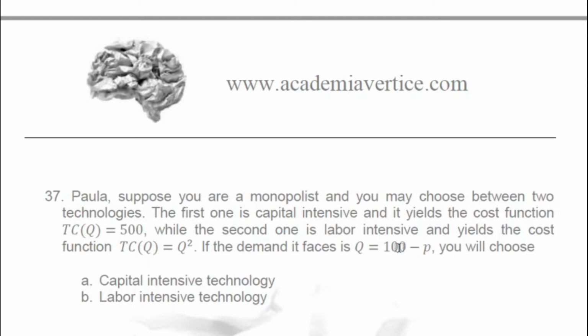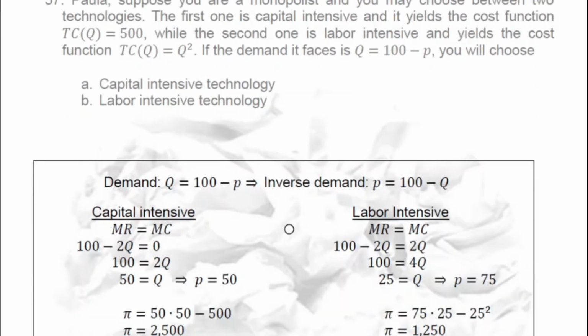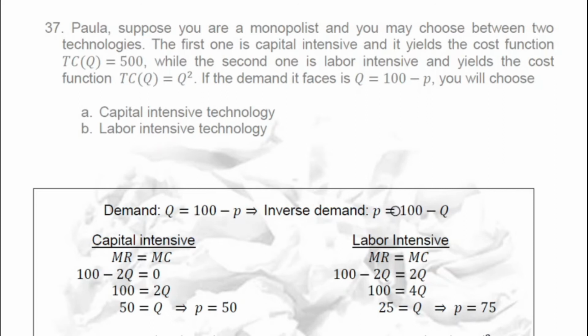First of all, if I am Paula, I do my profit maximization exercise with this type of cost, and secondly with this type of cost, and choose in which situation I earn more. That's all. So demand 100 minus P, inverse demand P equal to 100 minus Q, marginal revenue 100 minus 2Q. Here the same, and in the first situation marginal cost 0, in the second situation marginal cost 2Q.